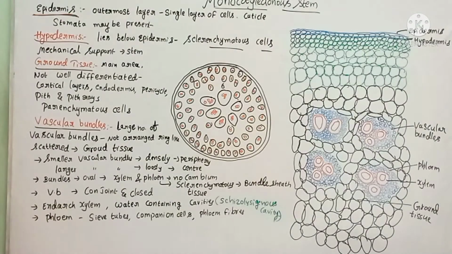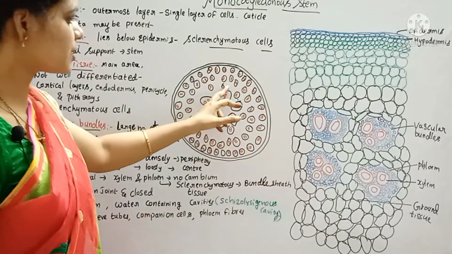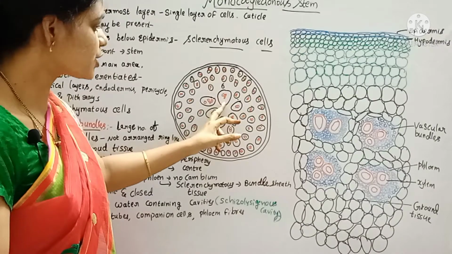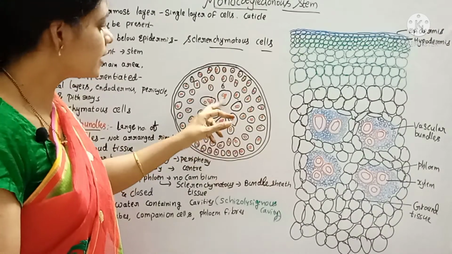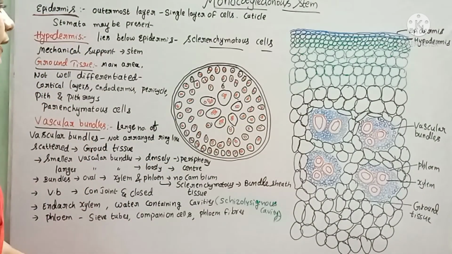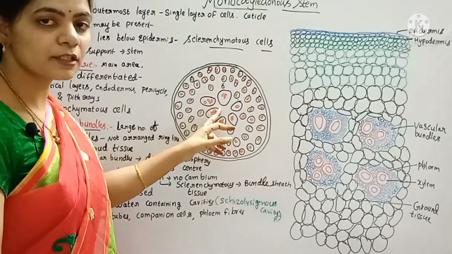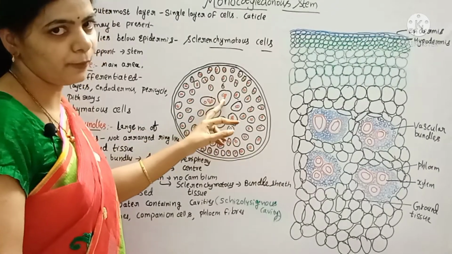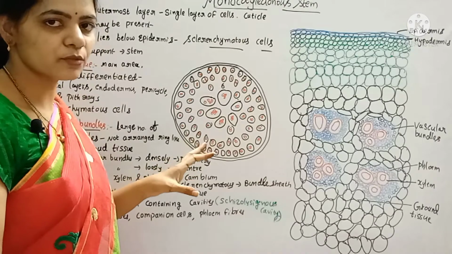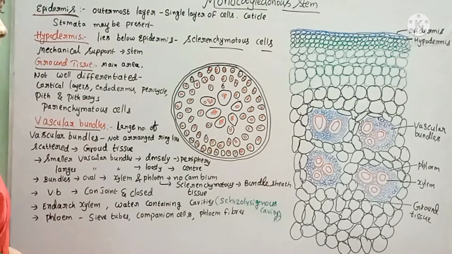What is the shape of these vascular bundles? They are oval in shape, and each oval shaped vascular bundle consists of xylem and phloem, but cambium is absent in between the xylem and phloem.